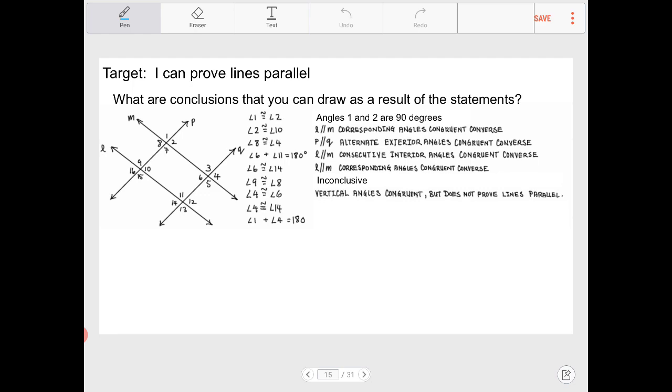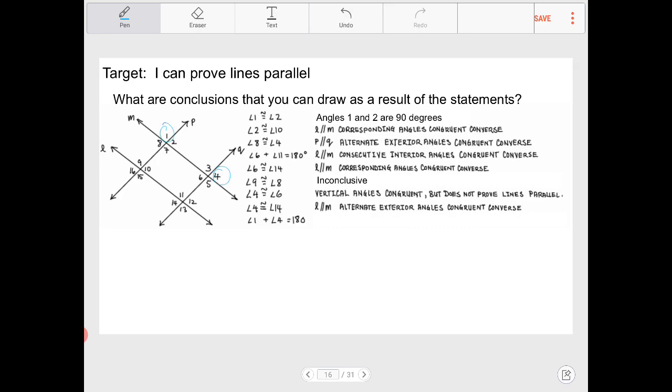What about angle 4 and 14? Those are alternate exterior angles to lines L and M. So one more time, L is going to be parallel to M because of alternate exterior angles congruent converse. Angle 1 and angle 4 are supplementary.